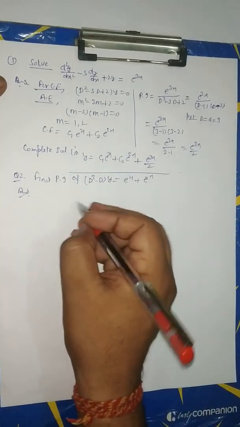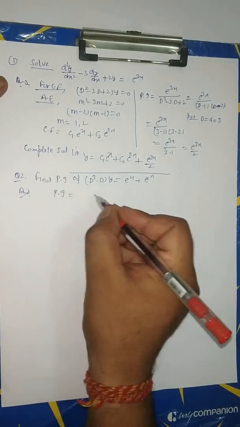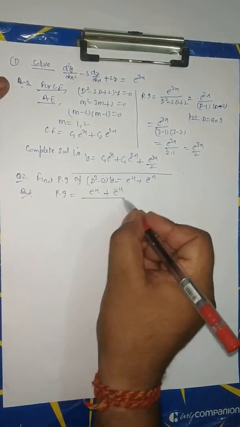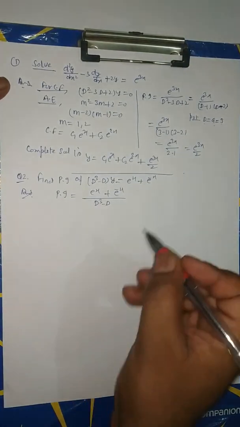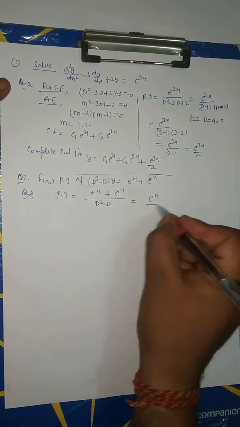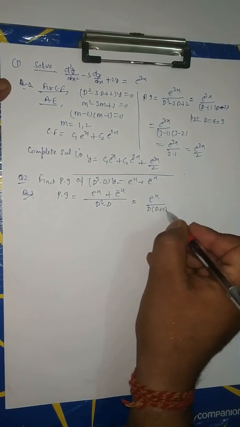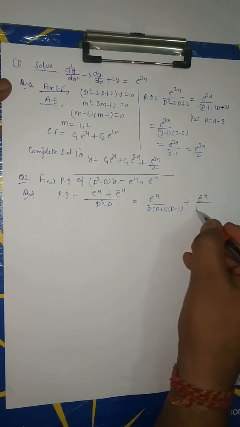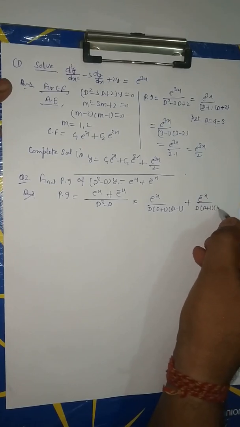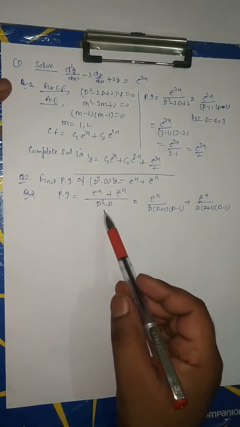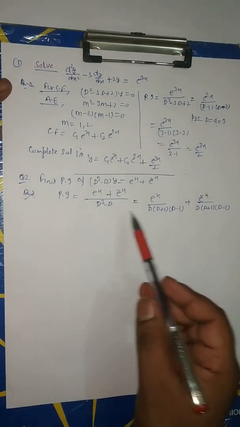Solution. Now PI equal to (e to the power x plus e to the power minus x) upon D cube minus D. This can be written as e to the power x upon D(D plus 1)(D minus 1) plus e to the power minus x upon D(D plus 1)(D minus 1). We take D common, then we get D square minus 1.